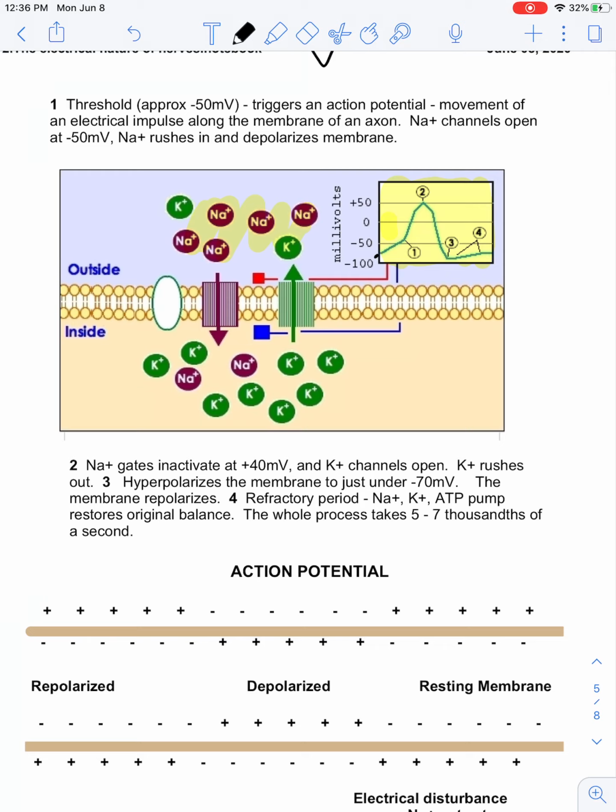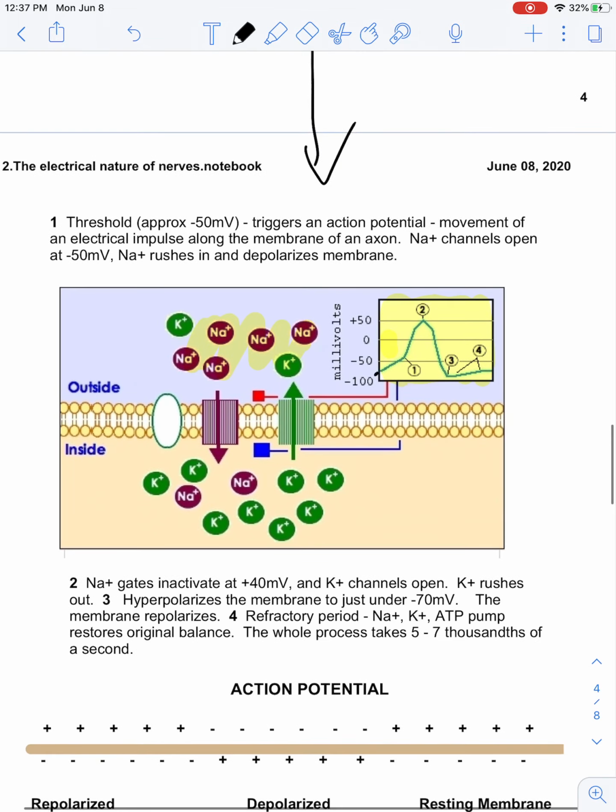So if we want to move electricity through this neuron, we need to change the voltage, okay? So to change the voltage, the first thing you're going to do, and let's write it up here.